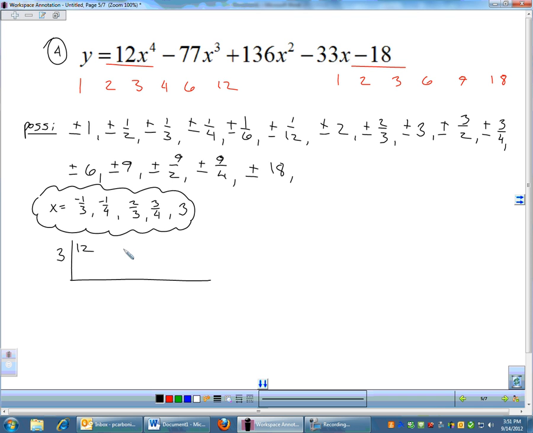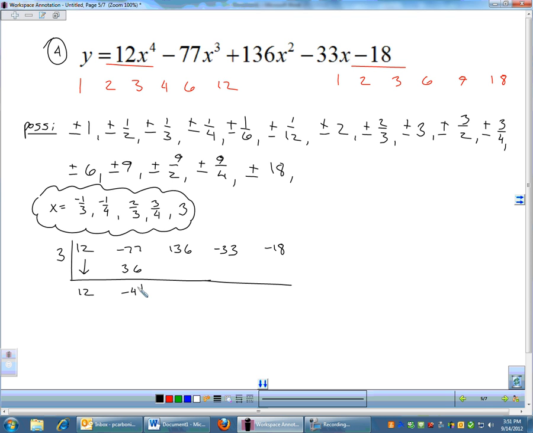So I have 12x to the 4th, -77x cubed, 136x squared, -33x, and -18. I'll bring down my 12. 3 times 12 is 36, -77 and 36. I could probably do that in my head, but I don't want to make any mistakes. That's -41.